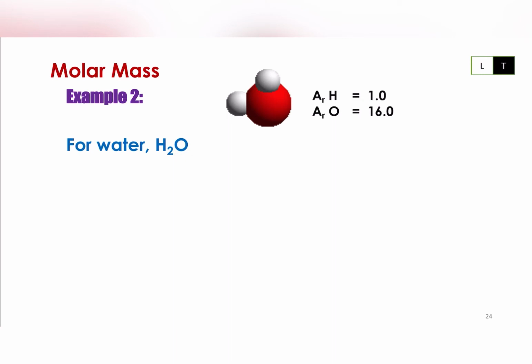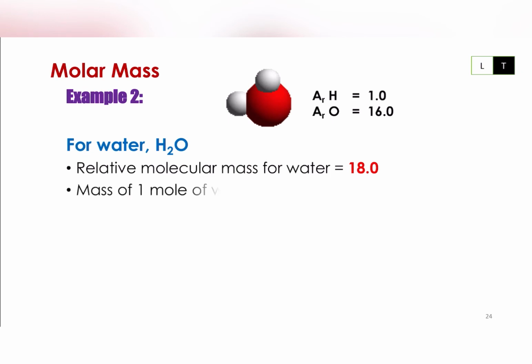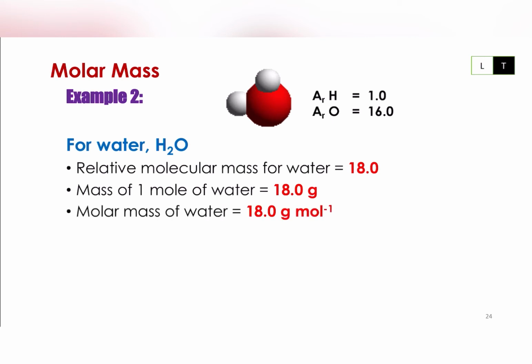Based on their relative atomic masses, you will have 18.0. For the mass of 1 mole of water, I just put the same value with gram as the unit. Next, the molar mass of water will be 18.0 gram per mole. It's just numerically equal between them.